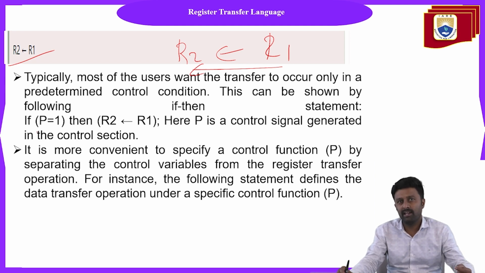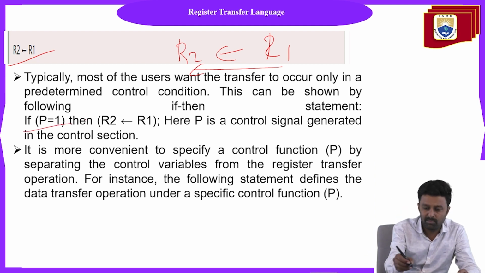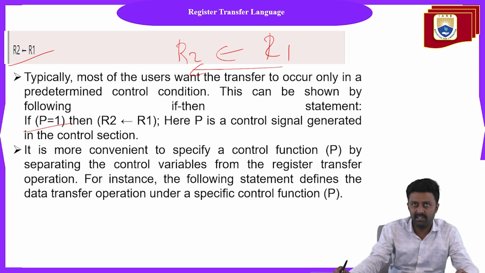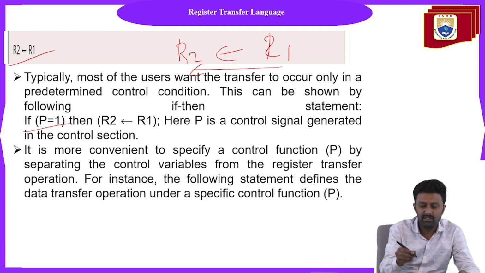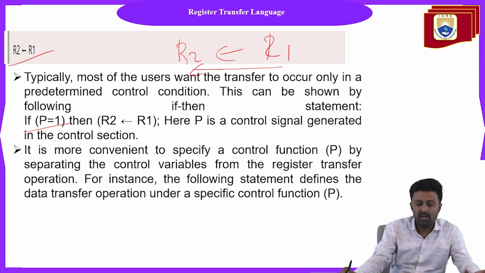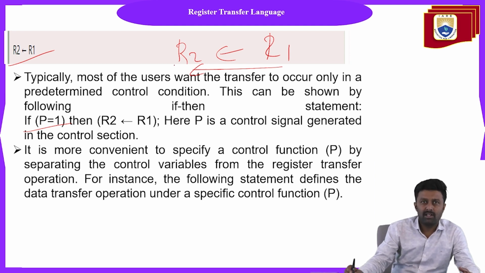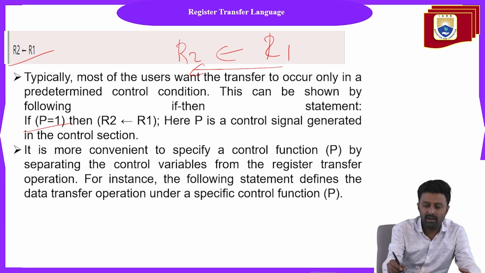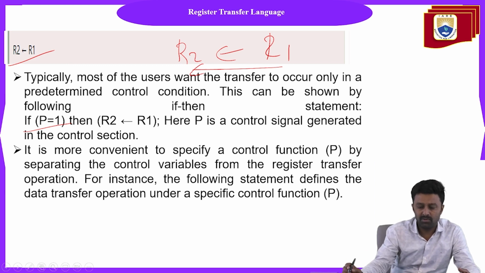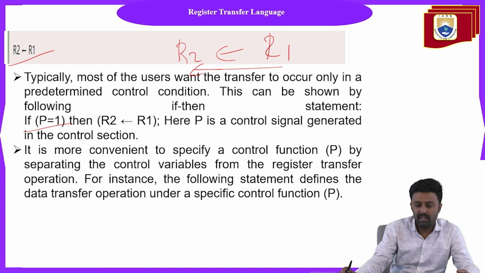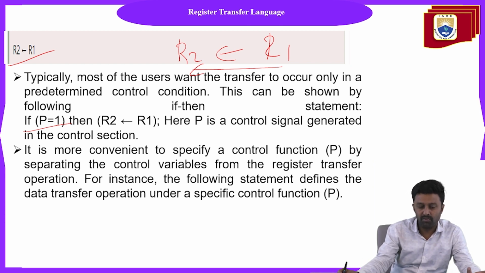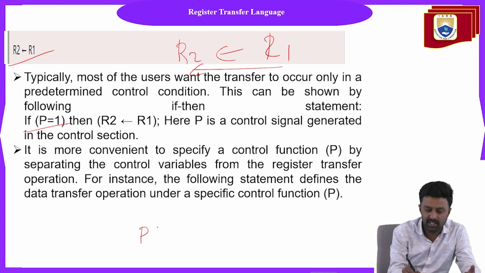This complete language we call a register transfer language, wherein we use these notations to transfer the content from one register to another register. If you write R1 to R2 with an arrow mark, it will transfer the content from R1 to R2 without any condition.